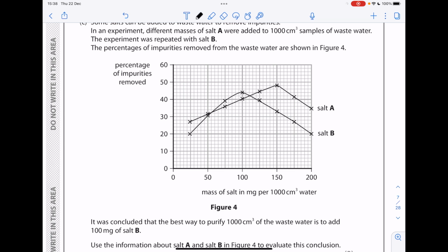Yeah, because that salt A removed 48% of impurities compared with 40% here for salt B.